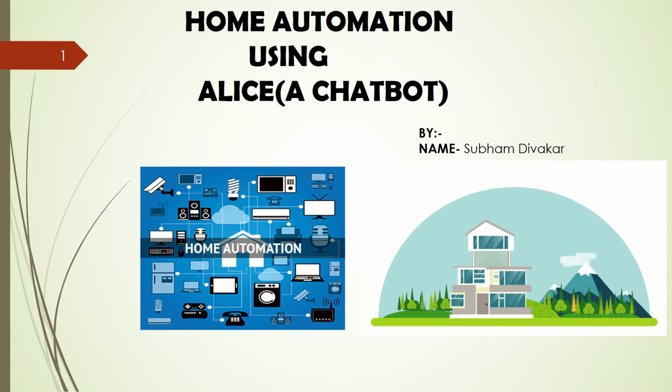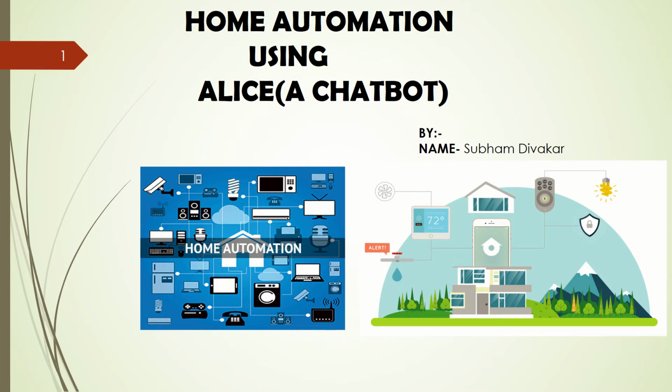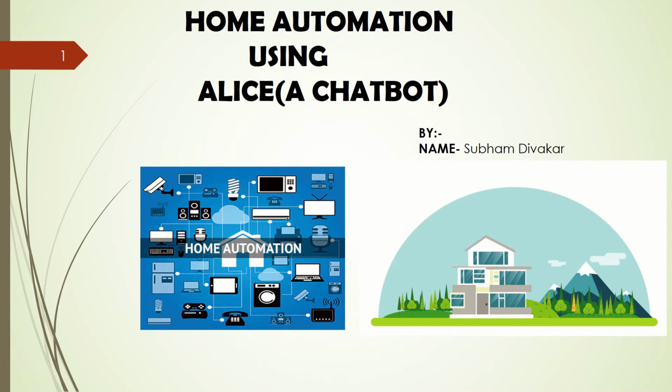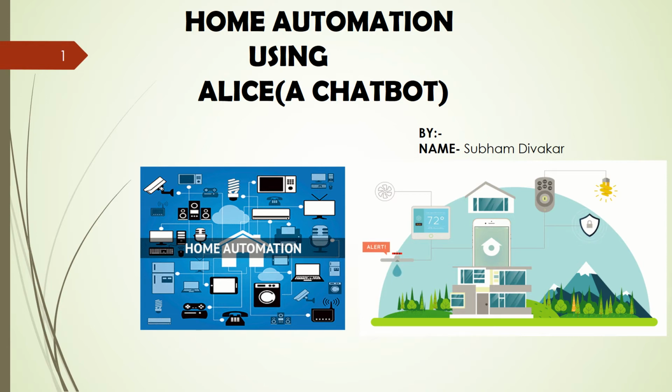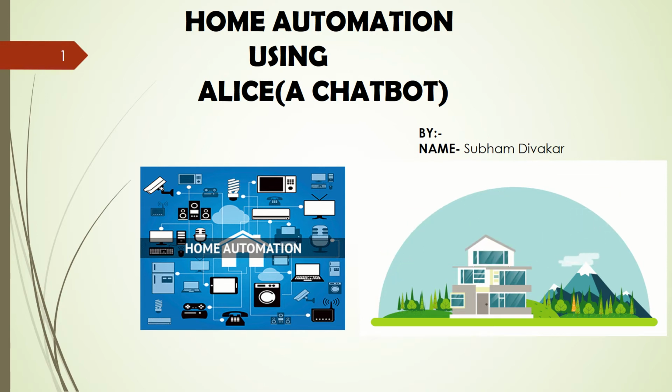So basically, as the name suggests, home automation is all about automating the home appliances and the security system of the home. Everything has to be connected together. As you can see, the image on the right side shows how everything is connected to your smartphone.